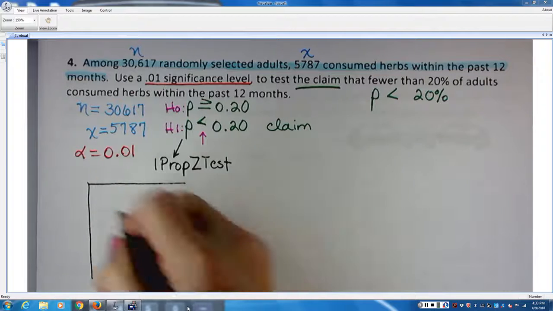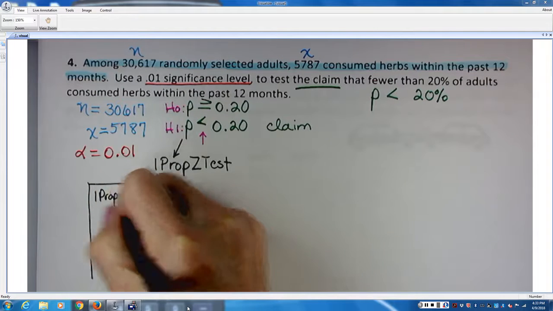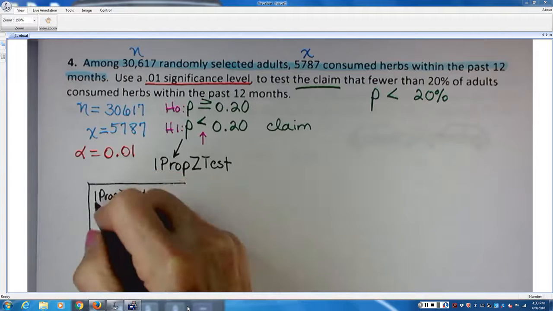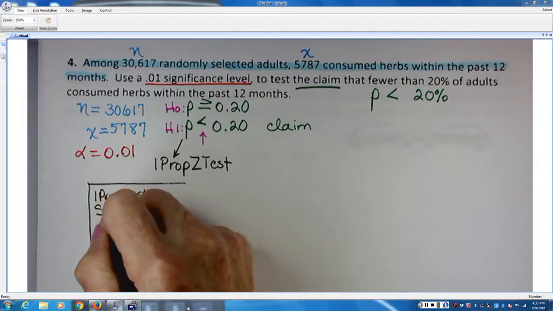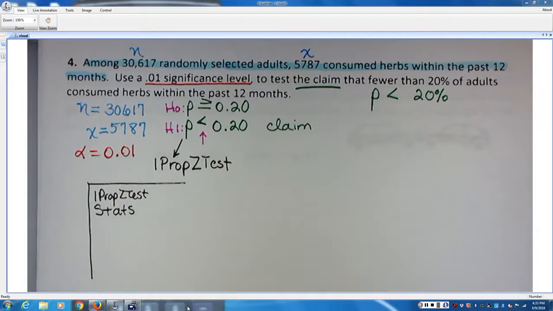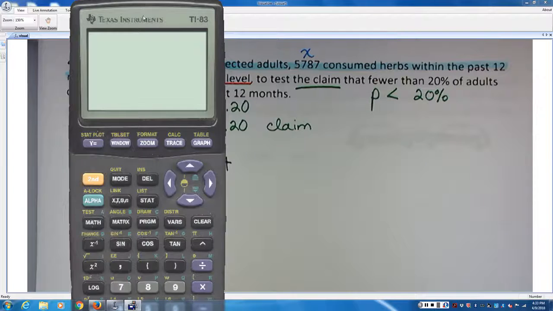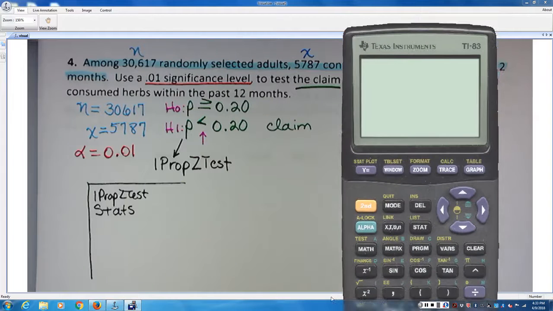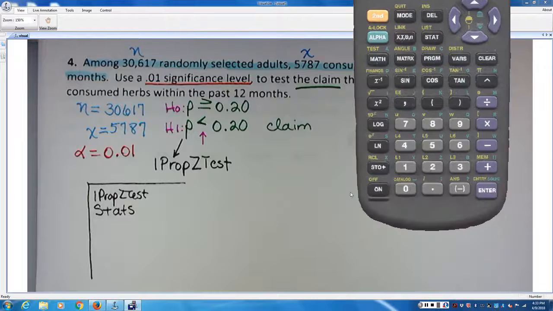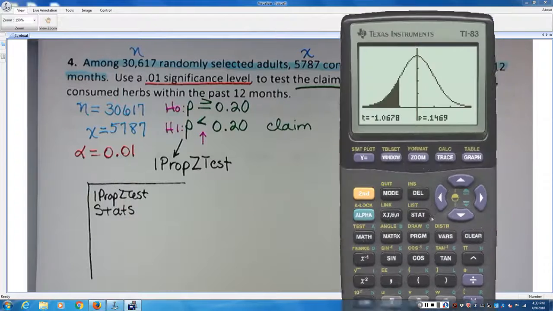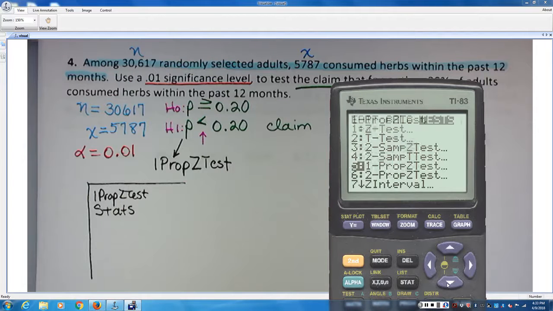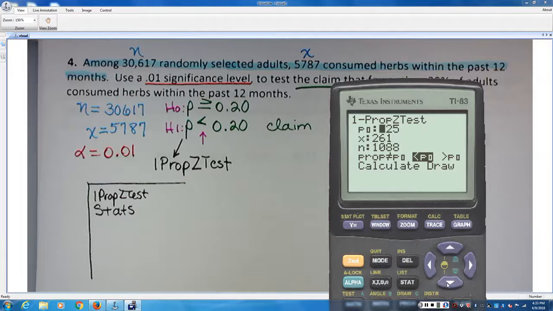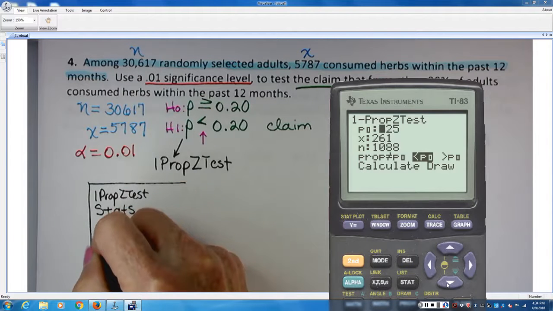And when we do that test, the first thing it's going to ask us is, do you have data or do you have statistics? Well, we have statistics. And then it's going to ask us questions about the sample evidence. So it's going to ask us first, what is the claimed percentage or proportion?